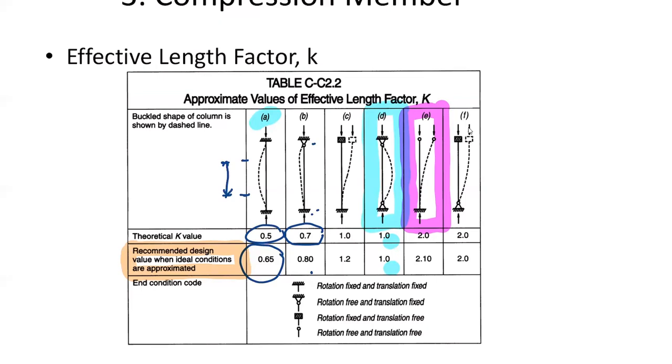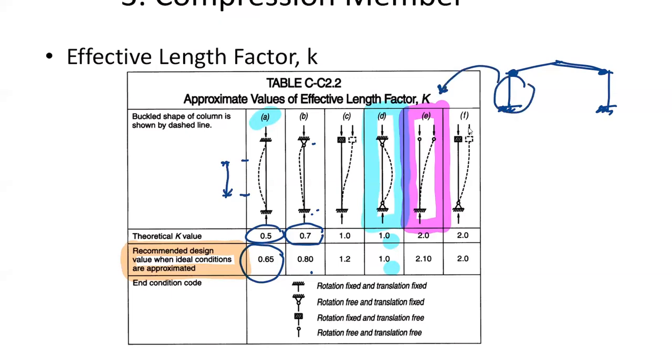Can you recall that? When you have this and then I don't want to fix this, I'm going to free this. I can fix the support. I don't want to fix it on top because of my difficulty in construction, whatever. Your column becomes something like this.